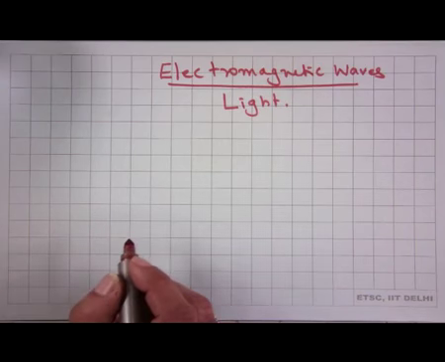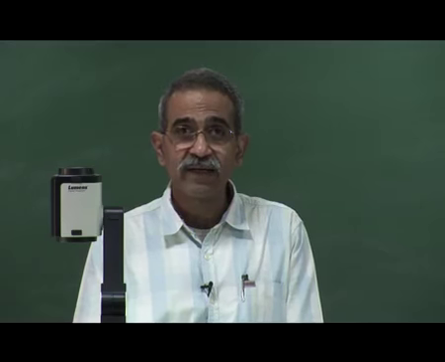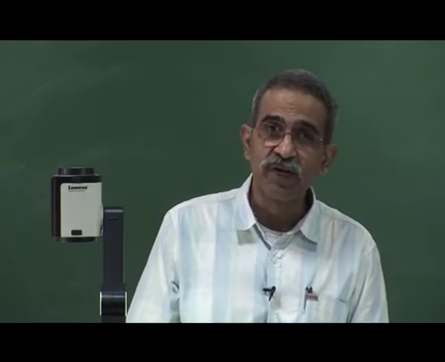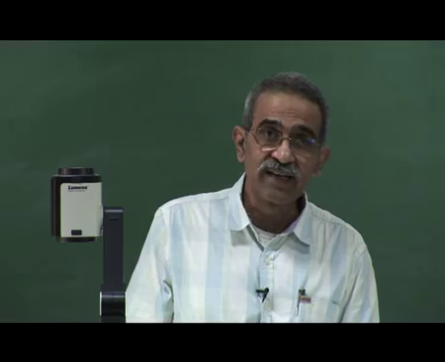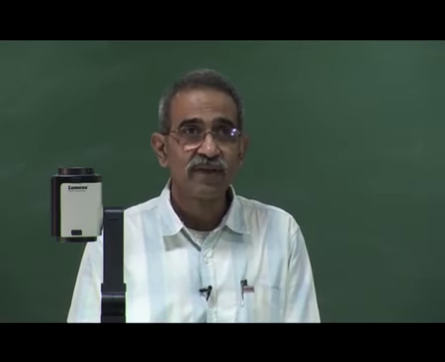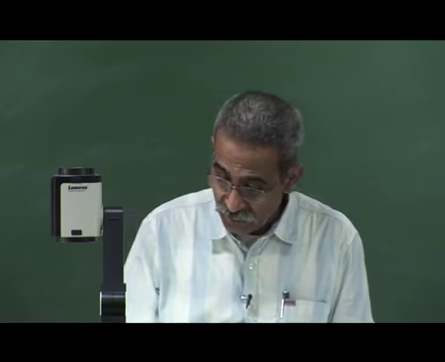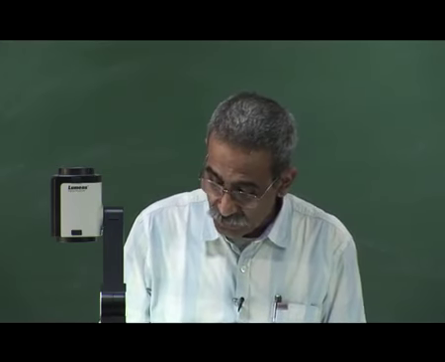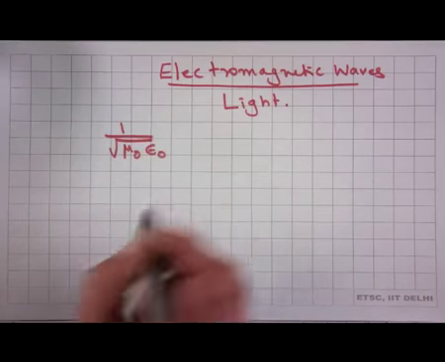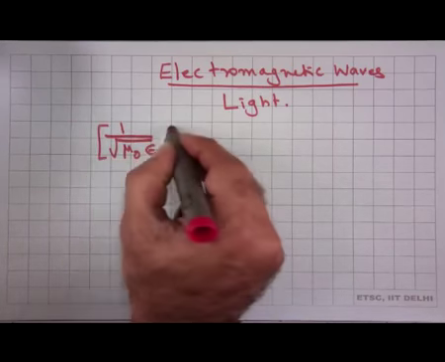So in your study of electricity and magnetism, in the very last chapter, you studied about the displacement current, Faraday's law of induction, Maxwell's equations in free space, and you observed that the parameter 1 over root mu naught epsilon naught has the dimension of speed.